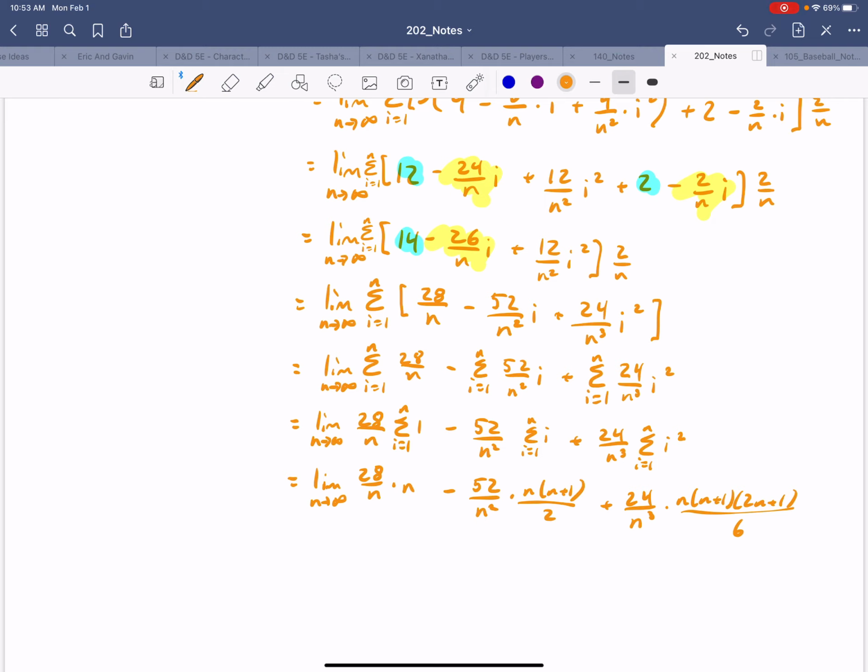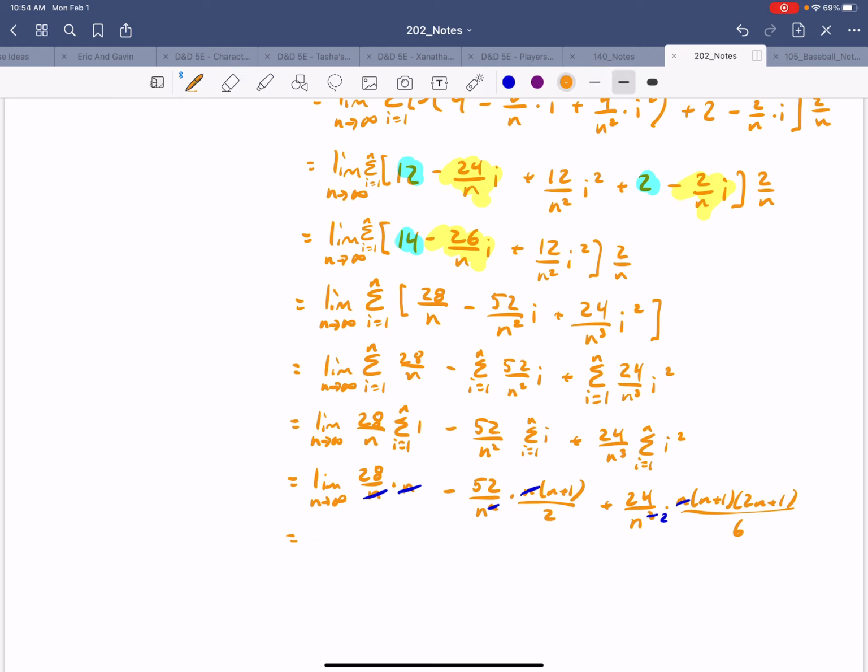And at this point, if you can take the limits, then great. Notice, of course, that here the n's actually cancel. In fact, here an n cancels too, and even here, an n divides out very nicely. So anyway, I'm just going to take the limit at this point.